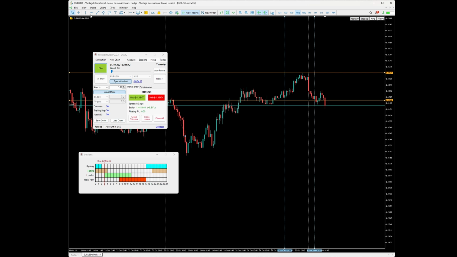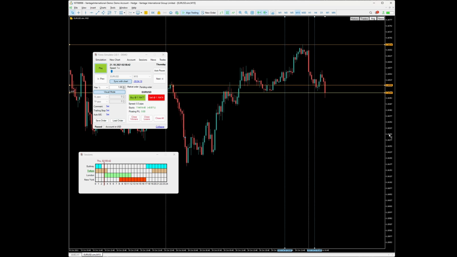POI. Okay, just the POI. And expectation, price going up.